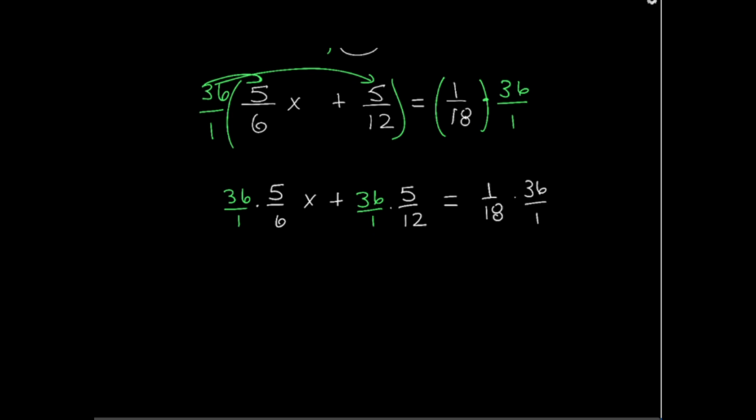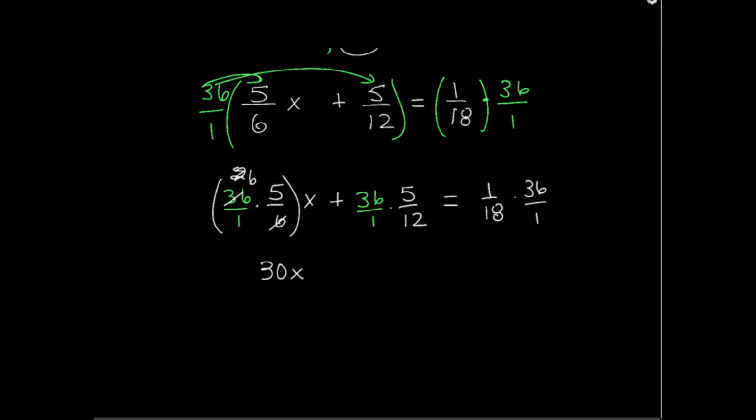Now, the reason I'm doing it this way is because I want to reduce now. Look what I have inside here. Because I know evenly that 6 divides into 36 6 times, then inside my parentheses, all I'm left with is 6 times 5. So that leaves me with 30x.